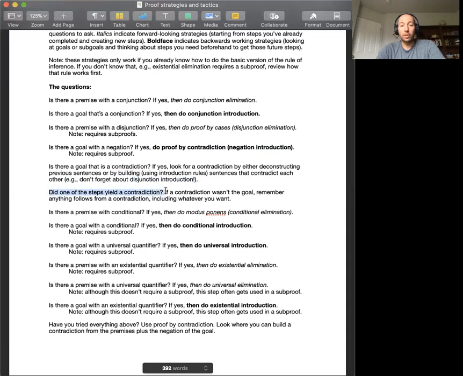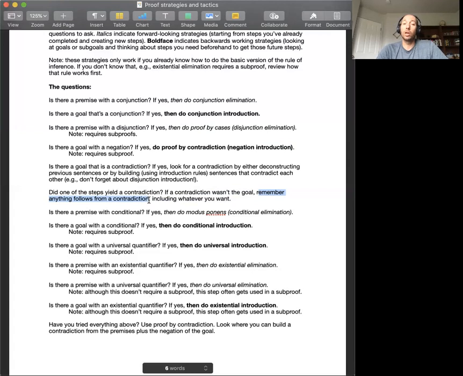Did one of the steps yield a contradiction? Sometimes the goal isn't actually to get a contradiction, but something else. But you'll notice that along the way, there is something contradictory about a given set of assumptions that you have, and perhaps an additional assumption at the beginning of a subproof. Remember, if you ever get a contradiction, anything follows from that, whatever you want.